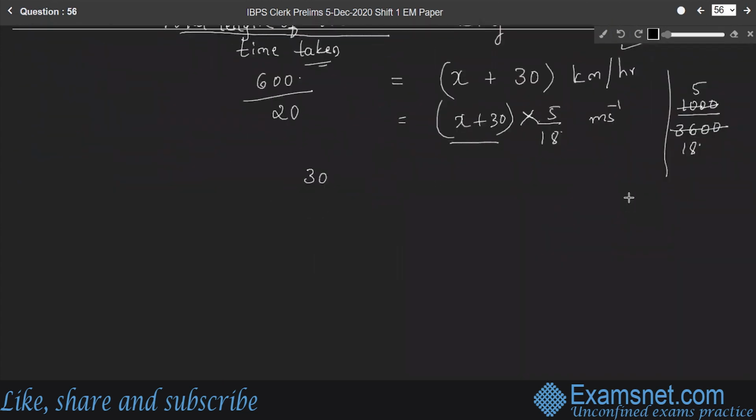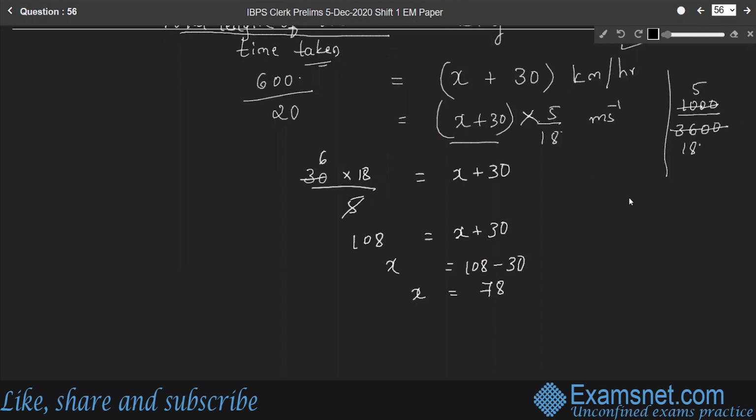So 30 into 18 by 5 is equal to x plus 30. Here 5 into 6, so 108 is equal to x plus 30. Therefore, x is equal to 108 minus 30, which is 78. What is x here?